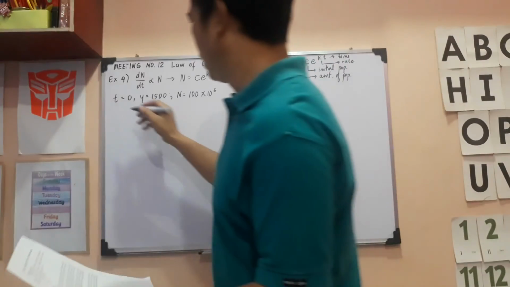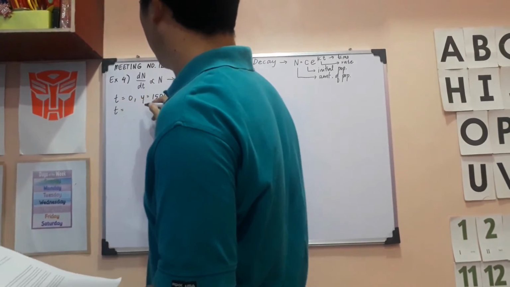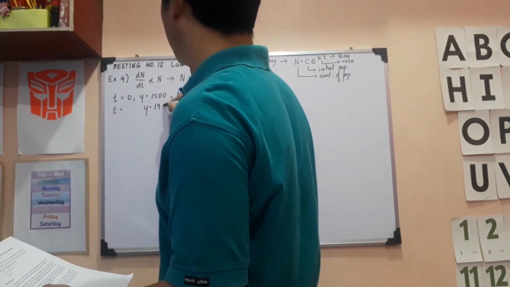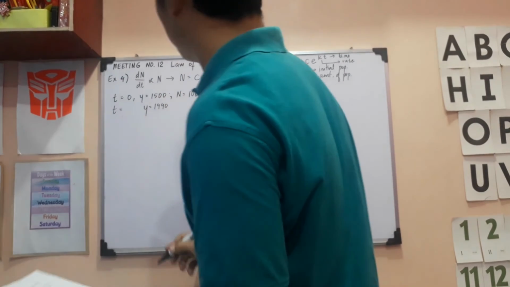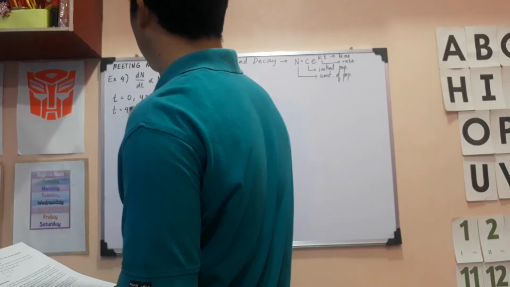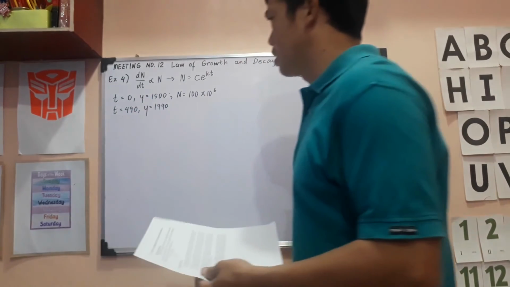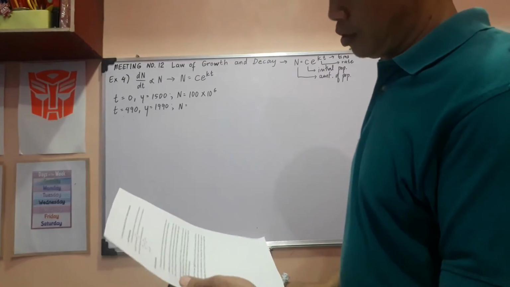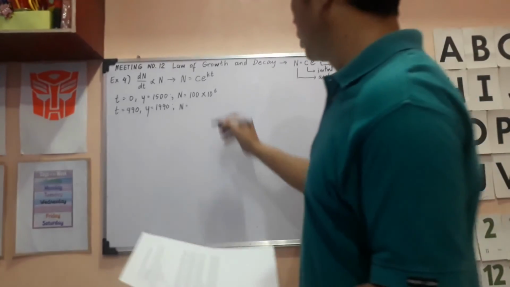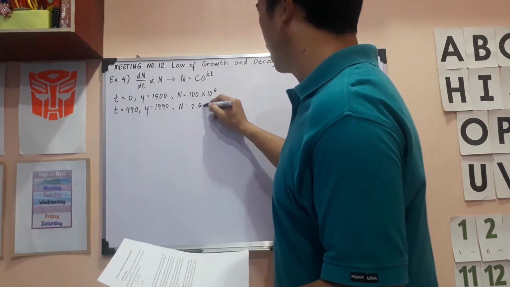In 1990, okay, time is what? Year 1990. So, 1990 minus 1500 is 490 years later. Our n is equal to how many? So, if this is 2.6 billion, so 2.6 times 10 raised to 9.